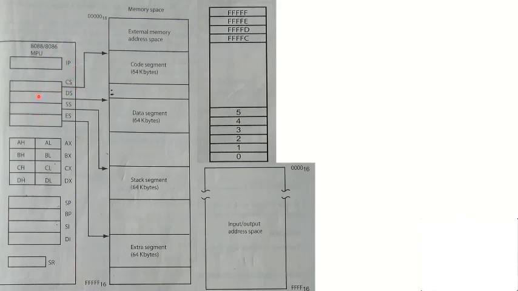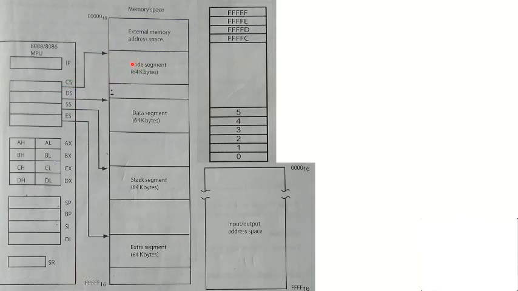These are the registers. This code segment register will hold the base value of the code segment. Similarly, the data segment register will hold the base value of the data segment, and similarly for the stack segment and extra segment. So a segment register will hold the base value of the corresponding segment. Suppose the code segment register will hold the base value of the code segment.